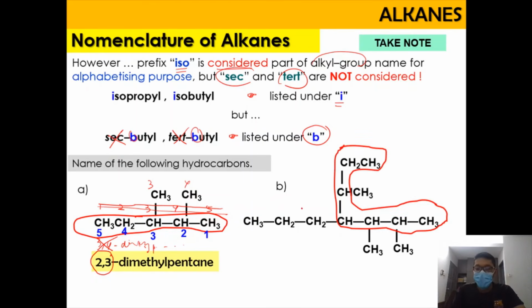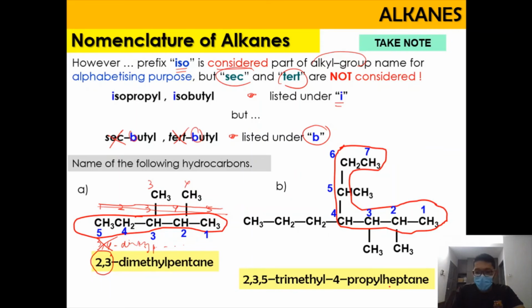Alright, now we're going to do B. So for B, we have to identify the longest carbon chain also, which is 1, 2, 3, 4, 5, 6, 7. Okay, so in this case, it's going to be heptane because it has 7 carbons, and then the methyl groups are going to be trimethyl because there are 1, 2, 3 here, situated at number 2, number 3, and number 5.